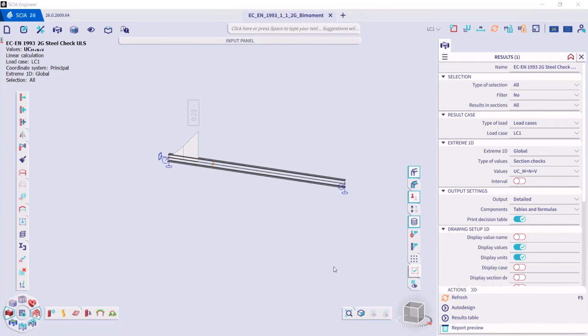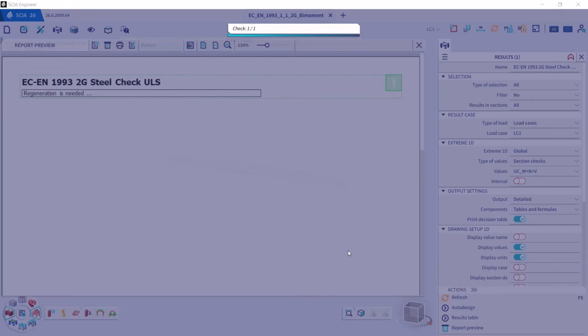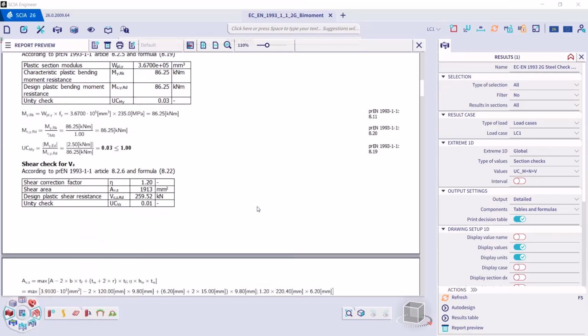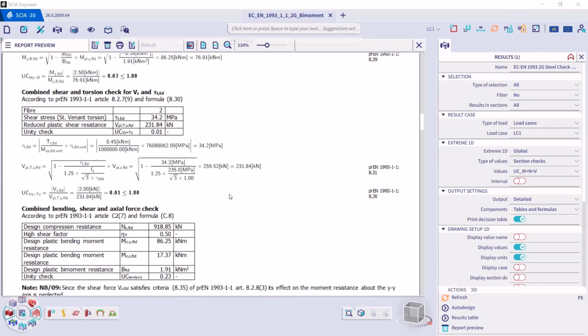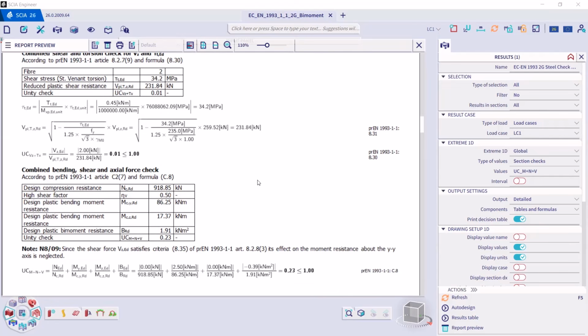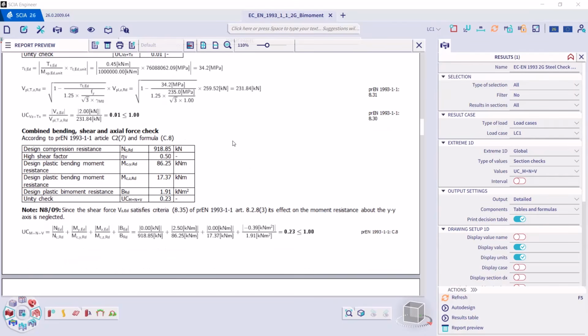So what happens in that case, if I ask for the report, we can see in here that this combined check is being done without considering the effect of bimoment, because it is clearly mentioned here. Since the shear force Vz satisfies criteria 8.35, its effect on the moment resistance about the axis YY is neglected. So in that case, formula C8 is used instead.